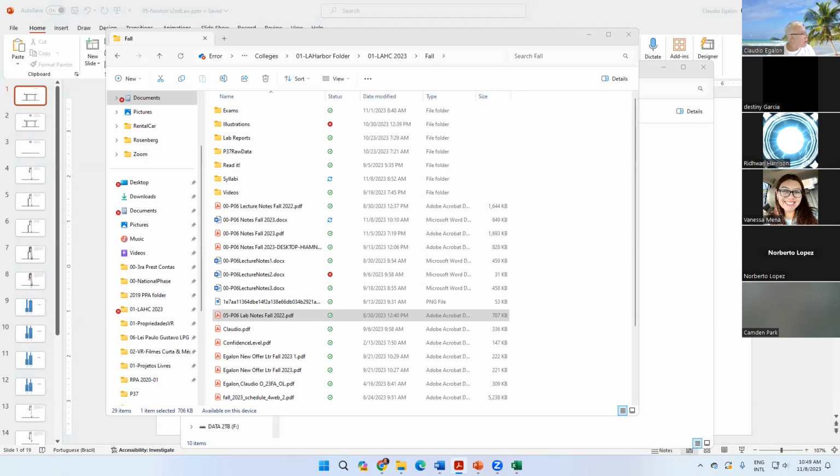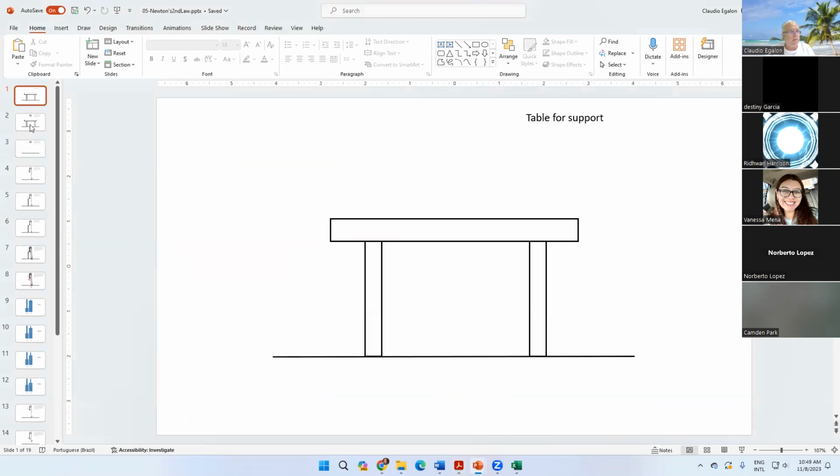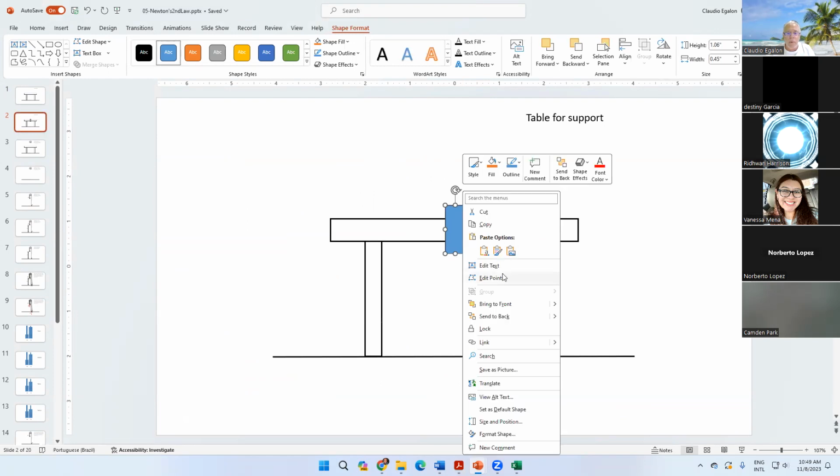Okay. So it's like that. You have a table for support. And then what are you going to do next? You're going to need a clamp. I'm going to make a drawing of a rod clamp.